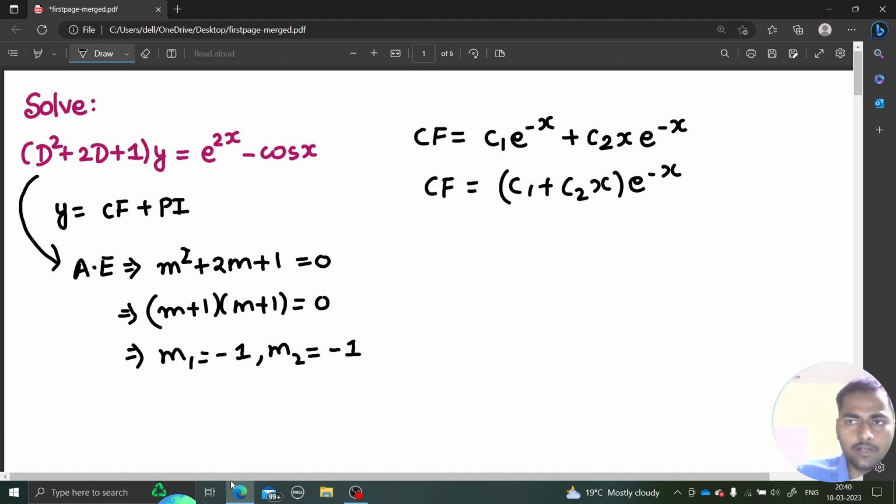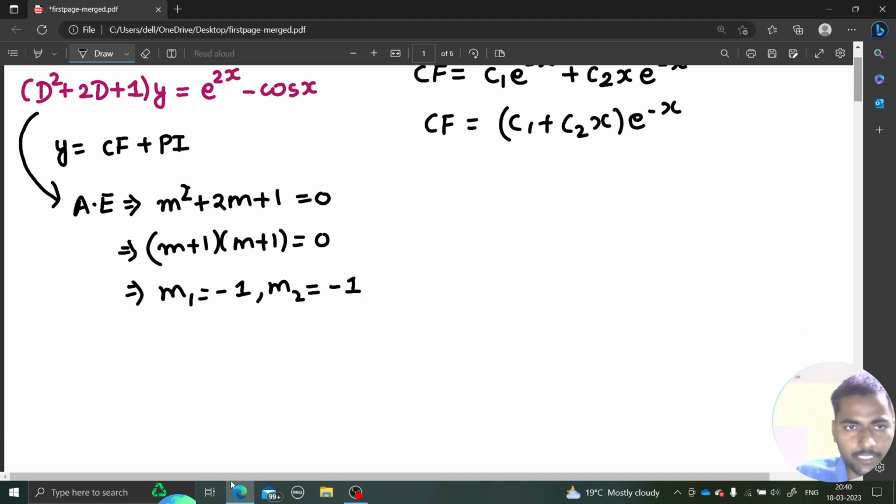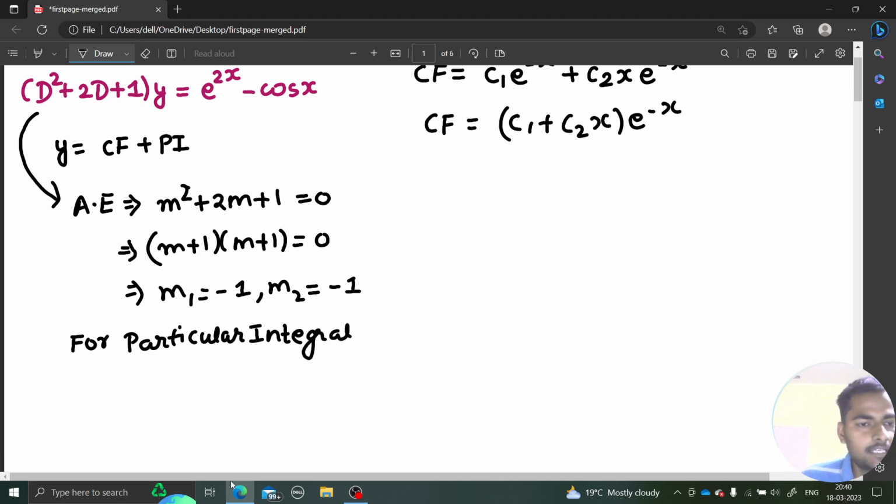Now comes the bigger problem, to find the particular integral. The particular integral is nothing but 1 upon f of D operating on e power 2x minus cos x, whatever is there.